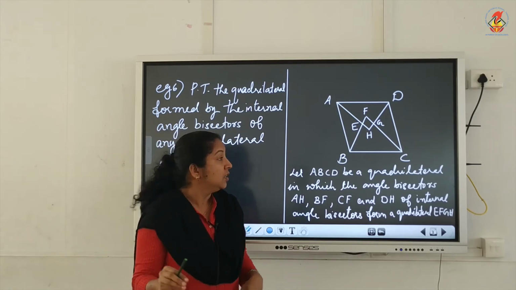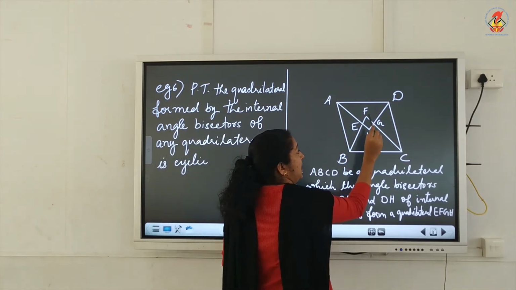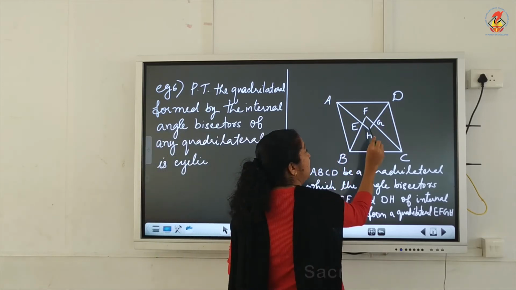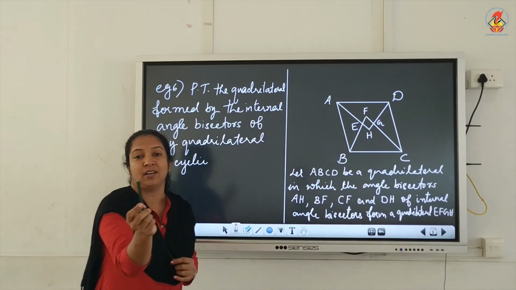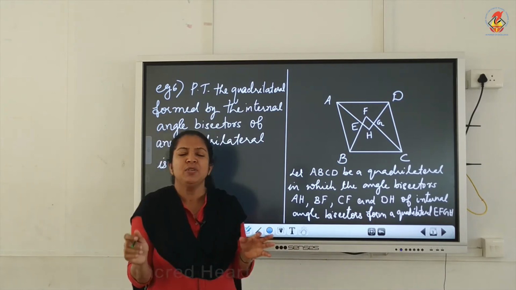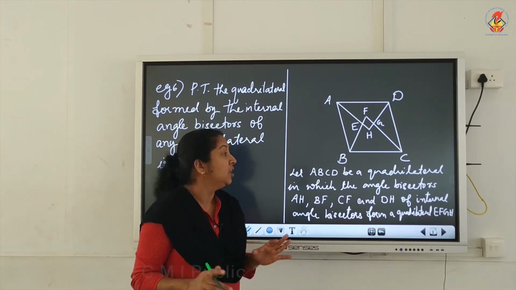So you can prove either angle E plus angle F is 180 degree, or angle F plus angle H is 180 degree. Here what we need is the internal angle bisectors of a quadrilateral.